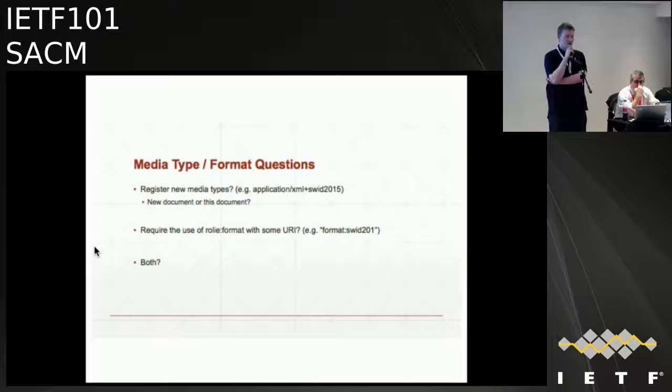So one of the solutions to this problem for us is to register the SWID tag media type in this document. This is not the SWID tag defining spec, but this is a place where we can register the media type anyway. It's unclear to me if that's something we should do in this document or if we should do it in a separate document. Brett? So shouldn't it be the other way?